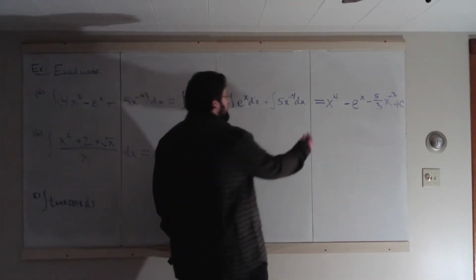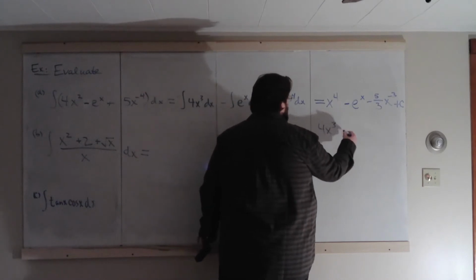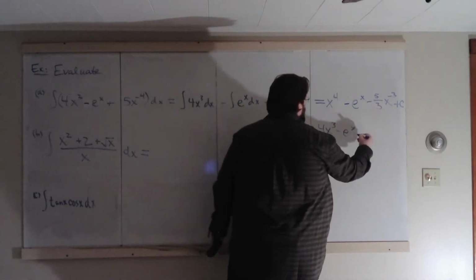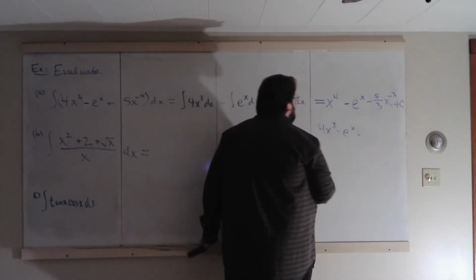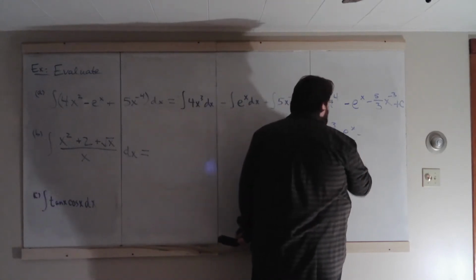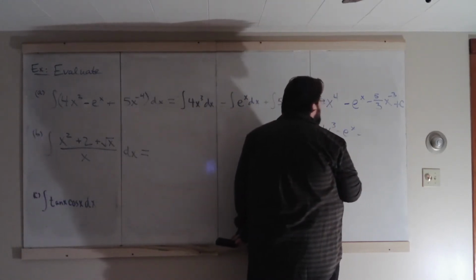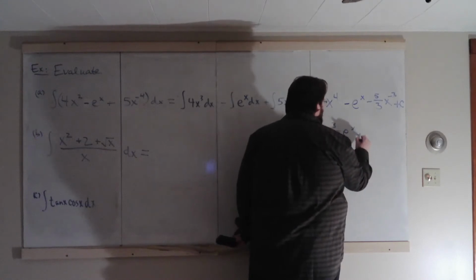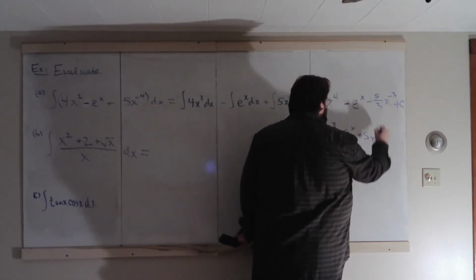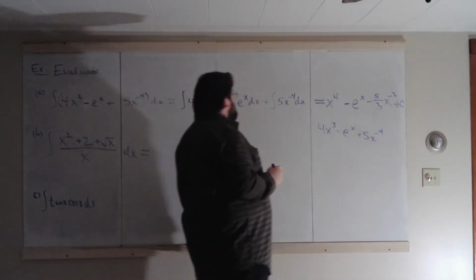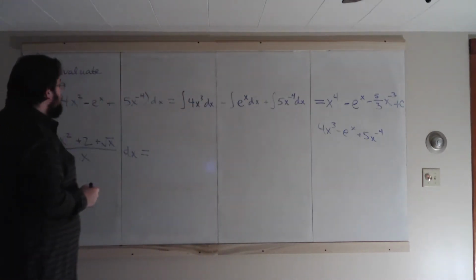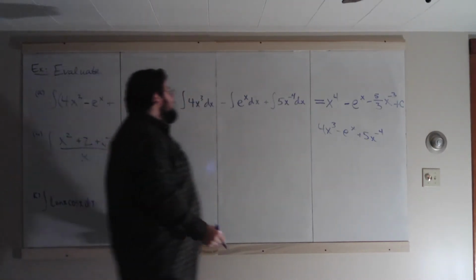Well, what's the derivative of this? 4x cubed, negative e to the x. What do you get? Negative 5 times a negative 3 divided by negative 3. I said too many negatives. Negative 5/3 times negative 3 gives you a positive 5. x to the negative 3 minus 1. So that's x to the negative 4 plus 0, and that is this. So that's correct.